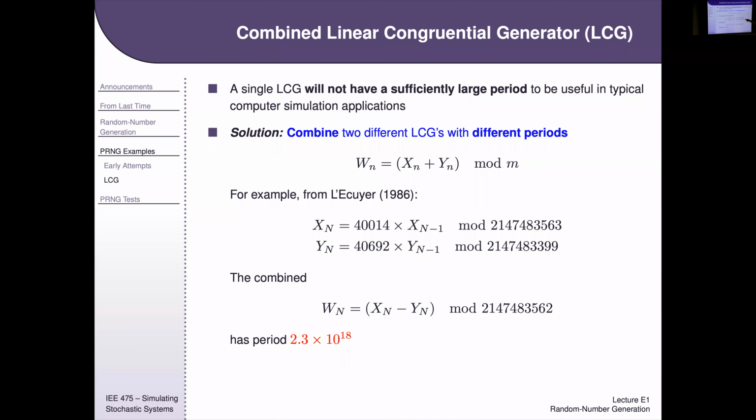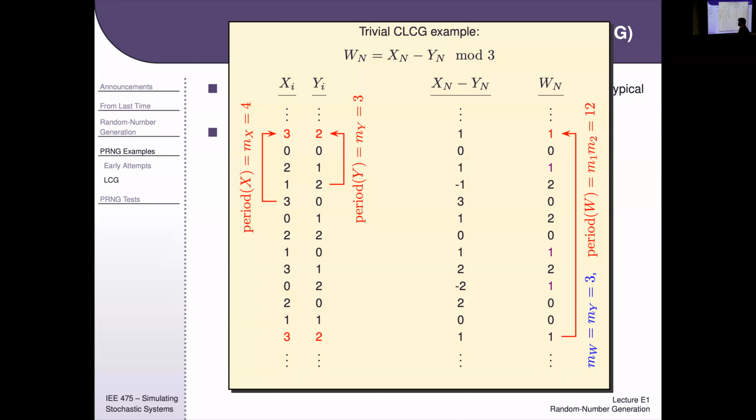This is another LCG just like you did on the homework. So different multipliers, no increment for these. These are just multiplicative, different modulus. And then if I subtract the two of them and take this modulus here, then I get a giant period, 2.3 times 10 to the 18th. So even though these have a relatively small period, the combination has a gigantic period. And so that's really useful.